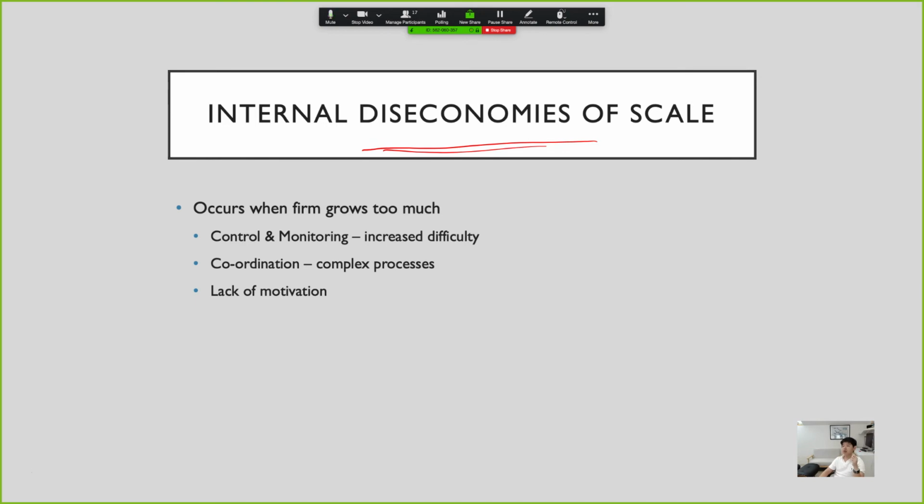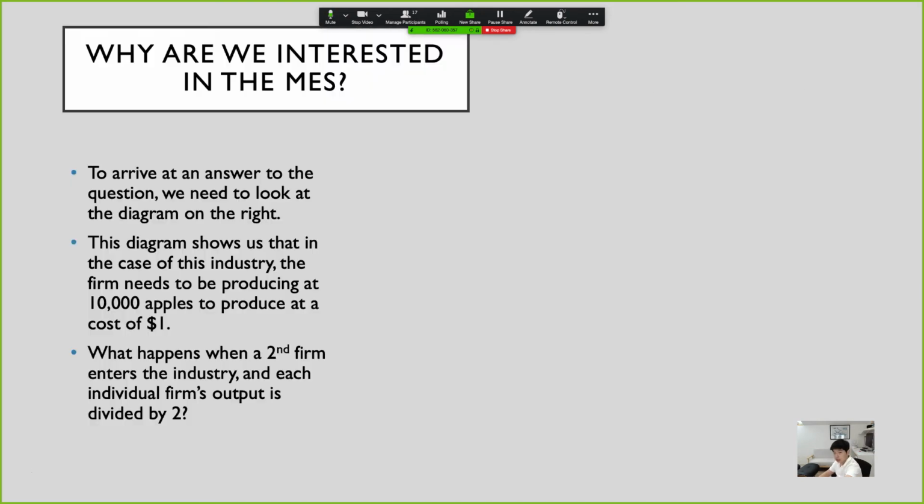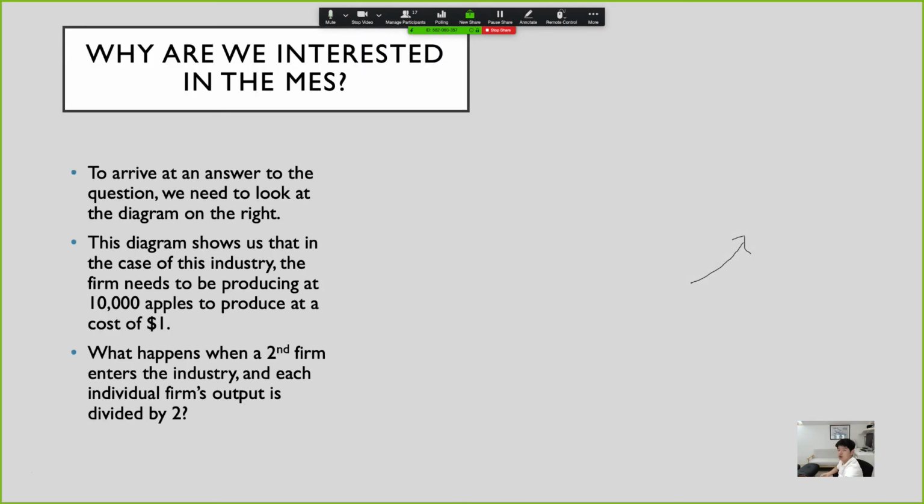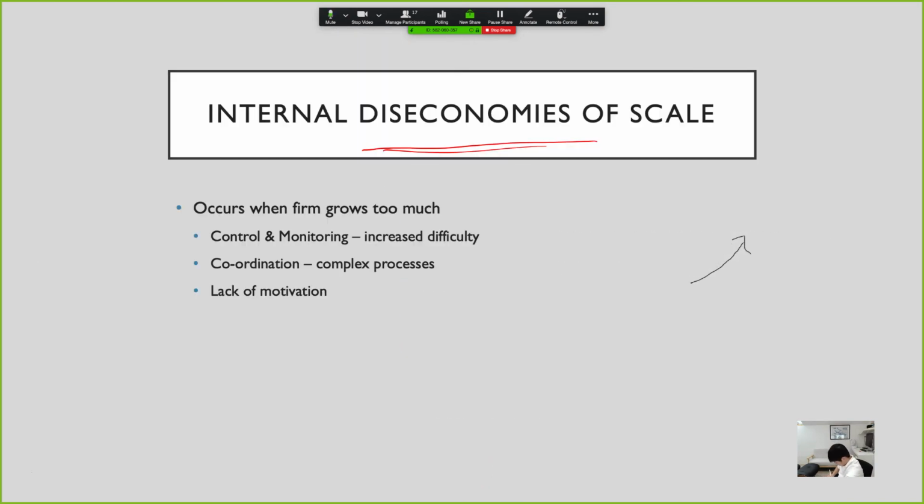Alright, internal diseconomies of scale, as you can see here, is when your cost starts to rise, when you start to produce way too much. One of the key reasons why you have internal diseconomies of scale is that when your firm goes too big, there will be difficulties in terms of communication.